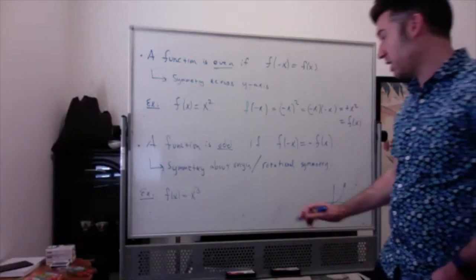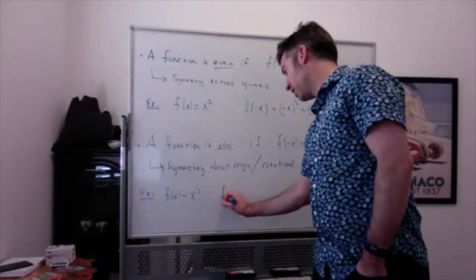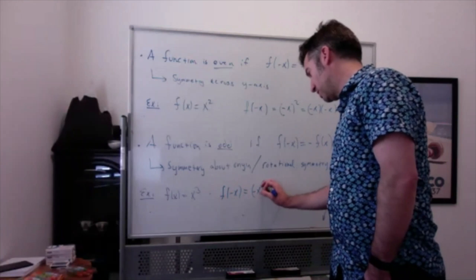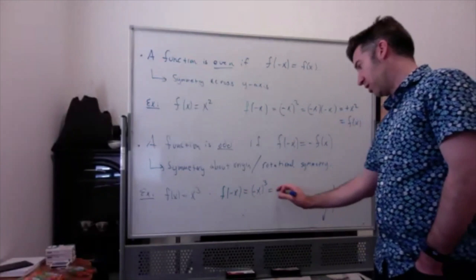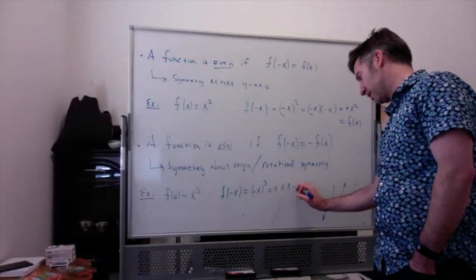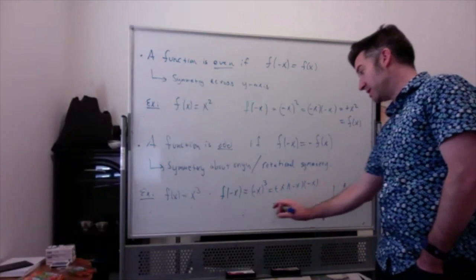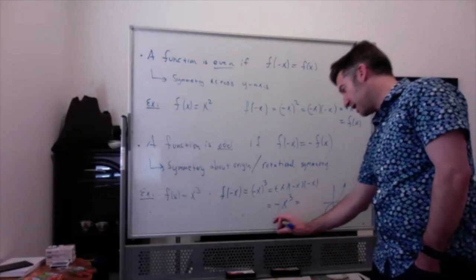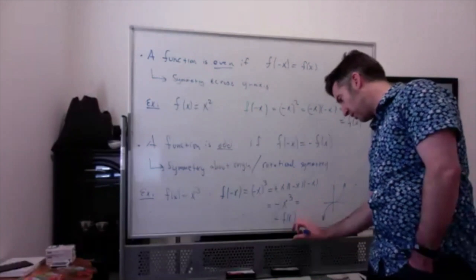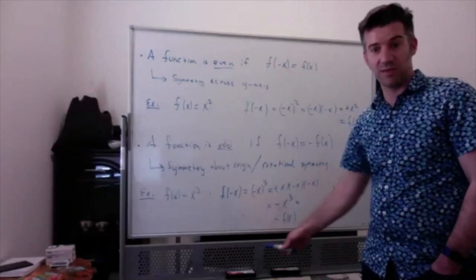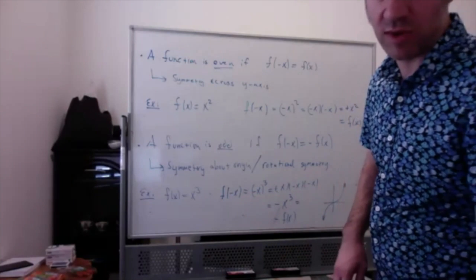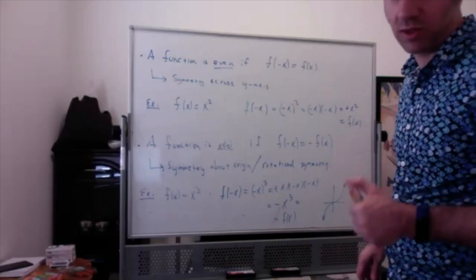But the way we would actually check it is by doing f of negative x, which is negative x quantity cubed, equal to, well, negative x times negative x times negative x is negative overall, x cubed, which is the negative of the function that we started with. So the f of negative x is equal to negative f of x. So that's the idea behind even and odd functions.